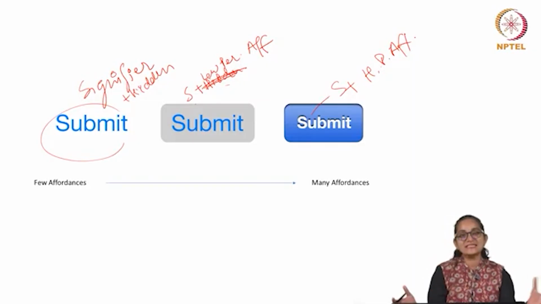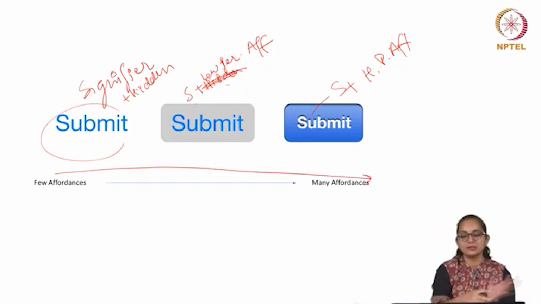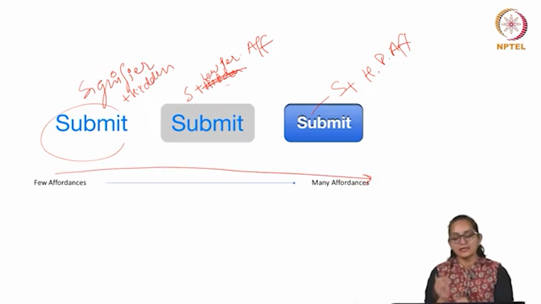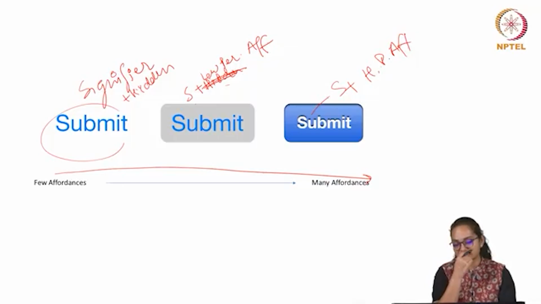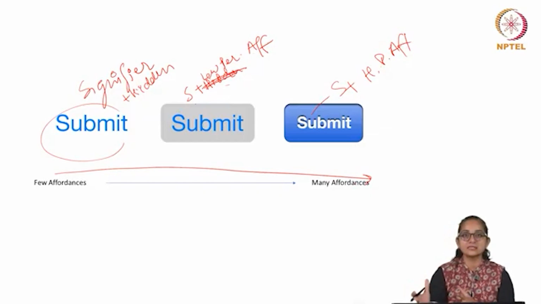So it's basically a scale, right? Few affordances and many affordances. So as we move from here to here, it can vary from this to that, but as designers we can take a call where it needs to be a lot of affordances if it is a necessary, top priority action in your interface.